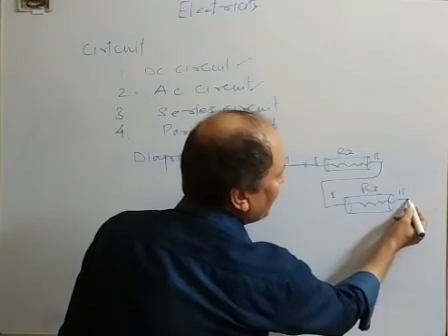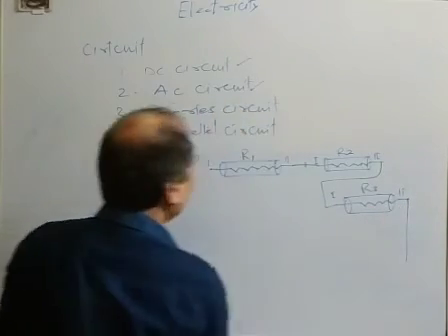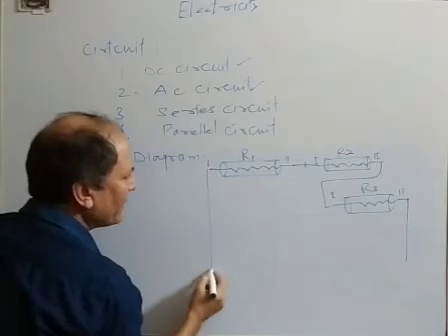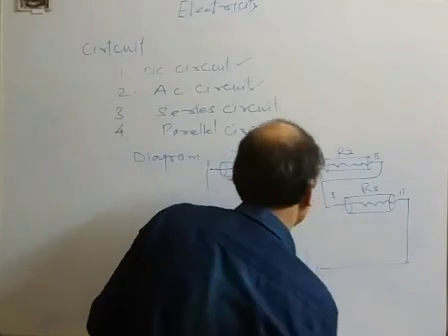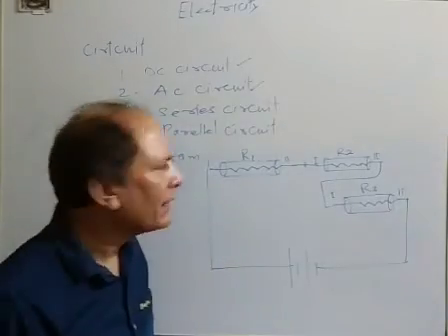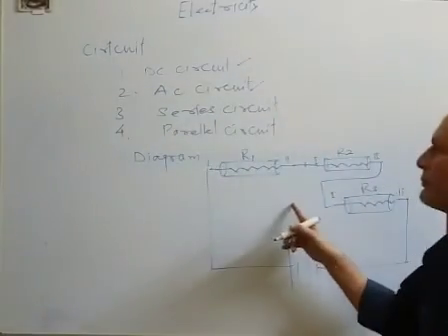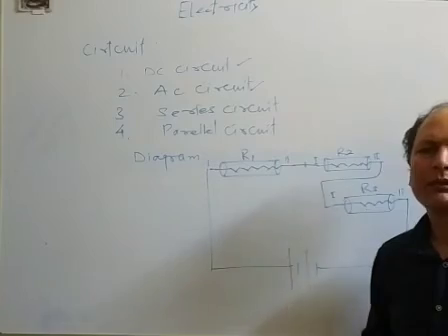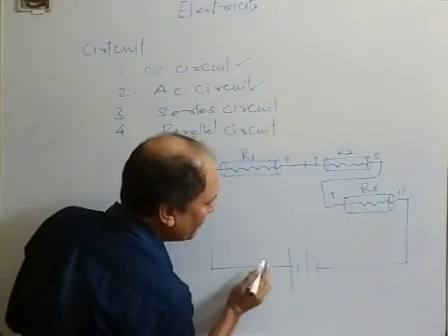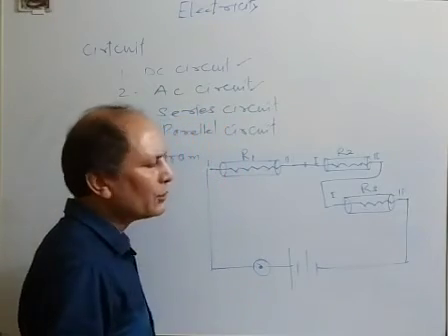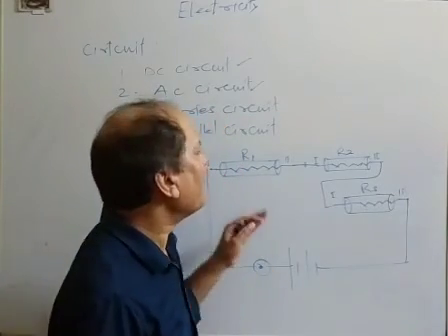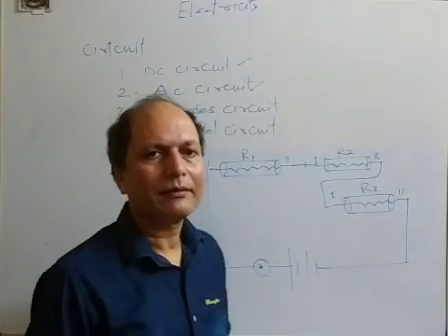So the second terminal of the last resistor and the first terminal of the first resistor are connected with the electric source. Such a pattern of resistors is known as a series circuit. You can add a switch here also. That is also the symbol of a switch.